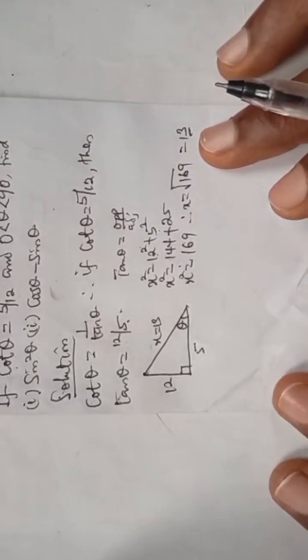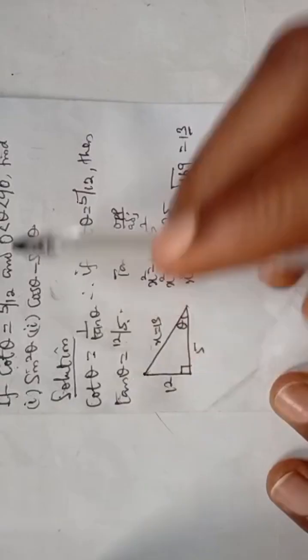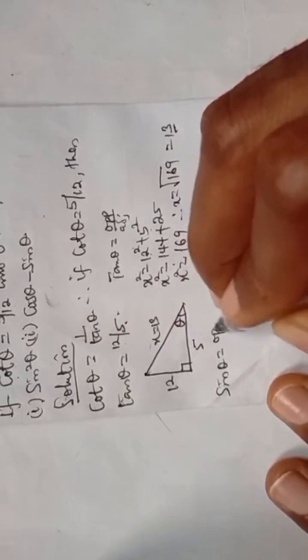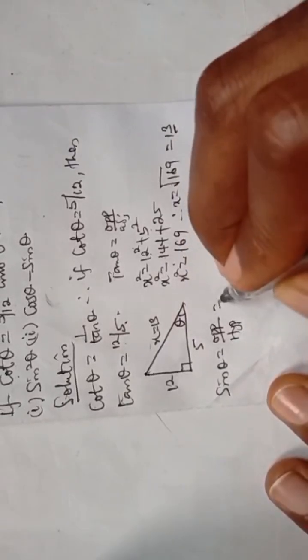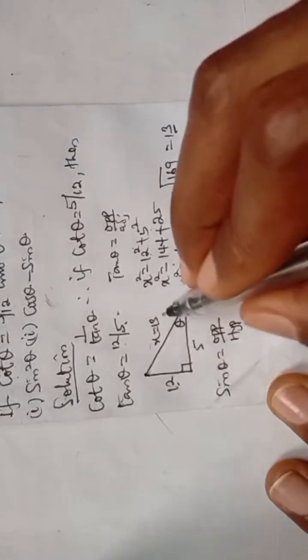All right, now let's continue and solve these ones. Sine theta is equal to opposite over hypotenuse, which is equal to 12/13.